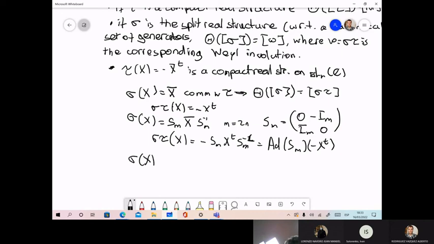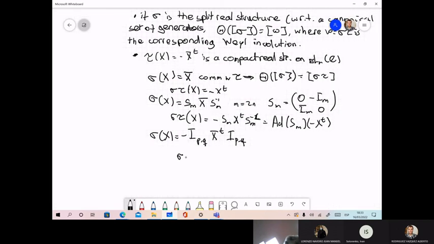Finally, if we have this real structure, the corresponding involution will be just the identity of PQ x transpose, sorry, x identity of PQ.